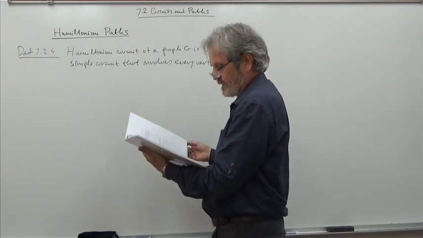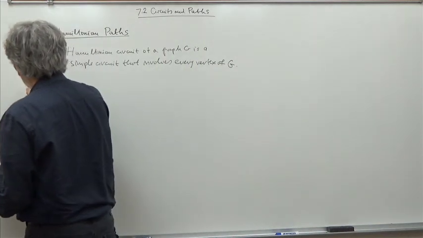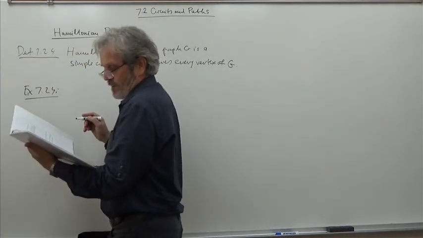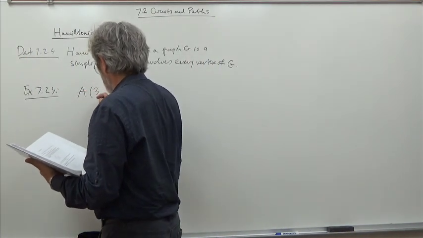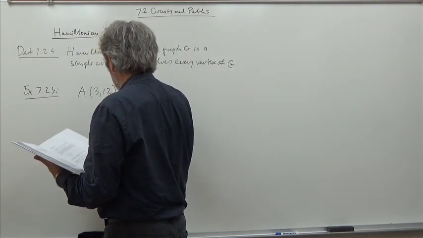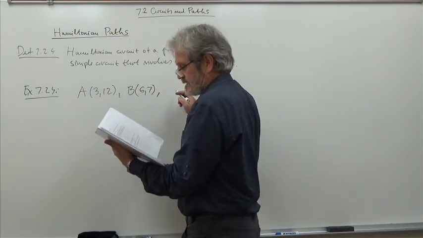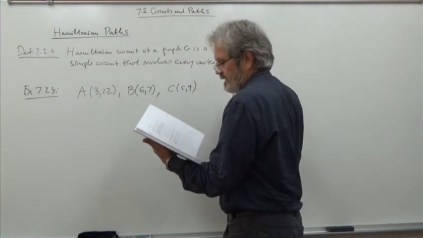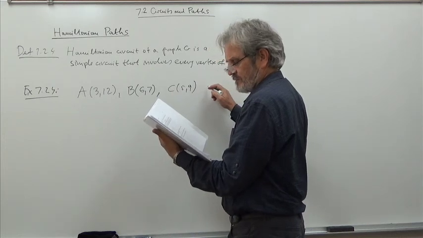So what would that be? Example 724. We are remodeling 5 apartments, and these numbers here represent the number of hours needed to do the painting and carpeting on each of them.